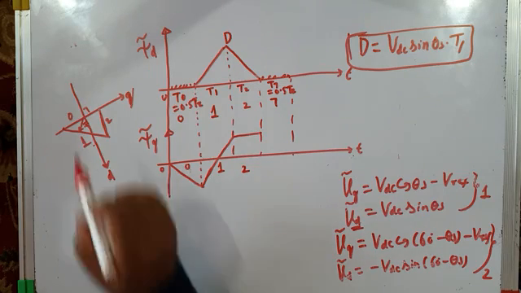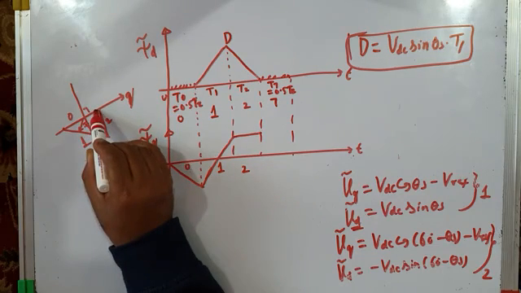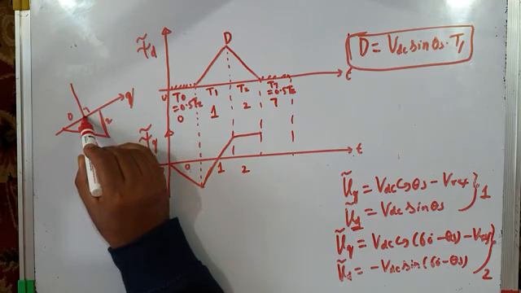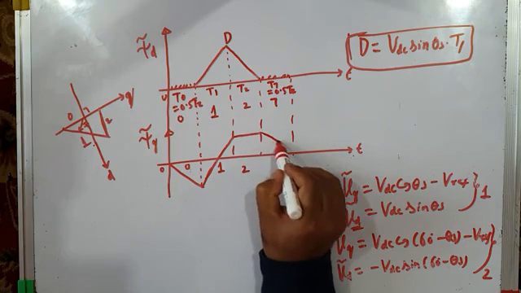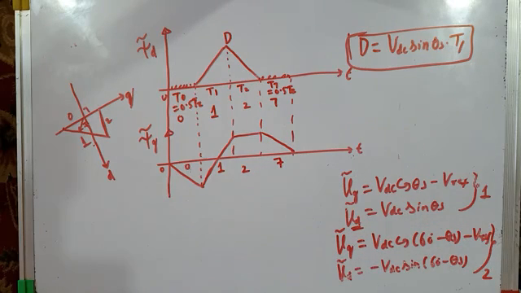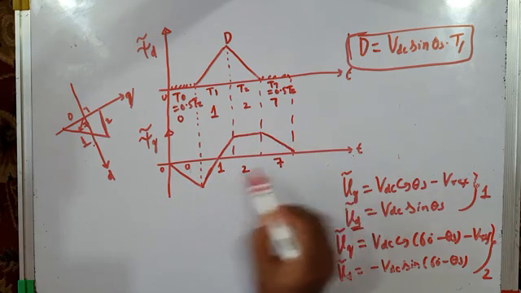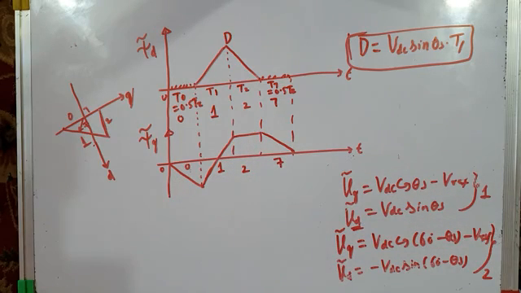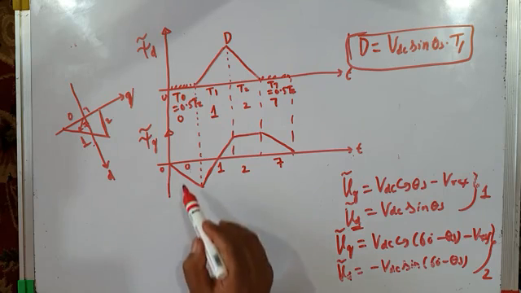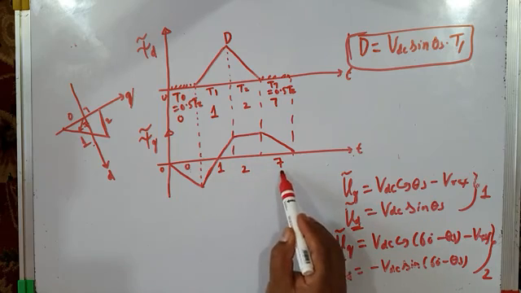After that we apply active vector 7 again. When active vector 7 is applied, my stator flux ripple vector moves in this direction and goes back to origin, back to 0. That means it goes down and becomes 0 again when null vector 7 is applied. So this is the q-axis component of the stator flux ripple vector when different switching states are applied: null vector, active vector 1, active vector 2, and null vector 7.